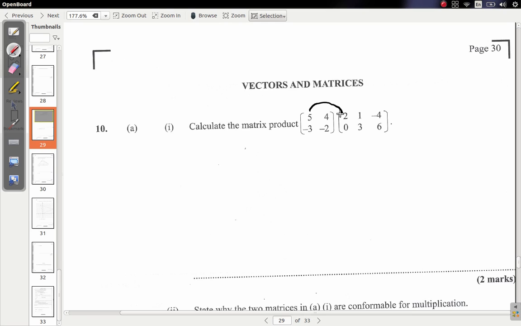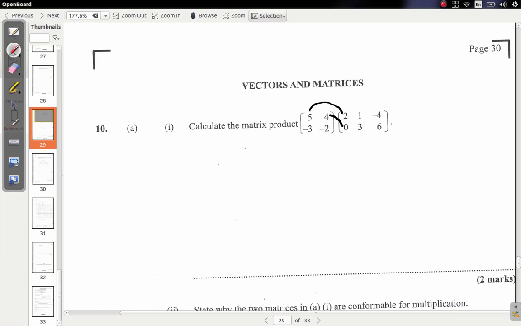This number times this plus this number times this. You have the number of columns in the first matrix equals the number of rows in the second matrix. That is the reason why.